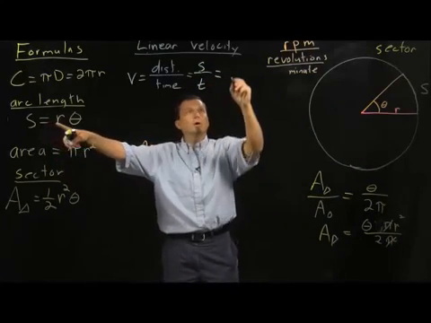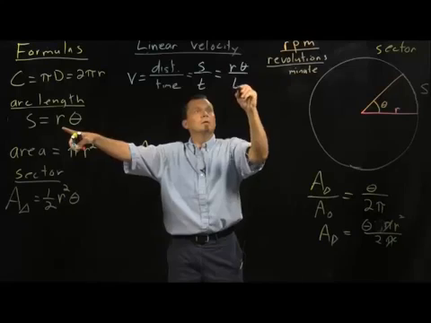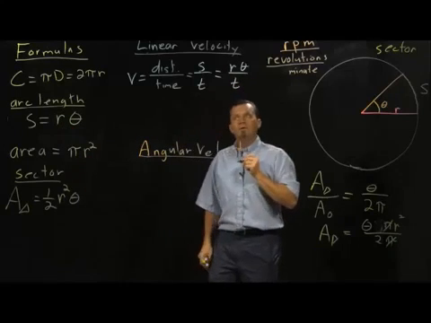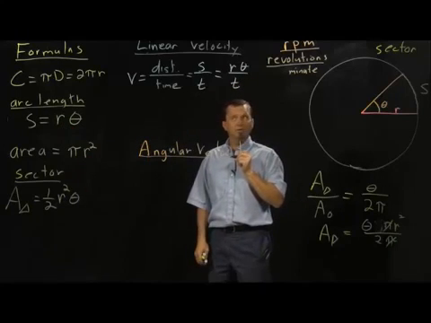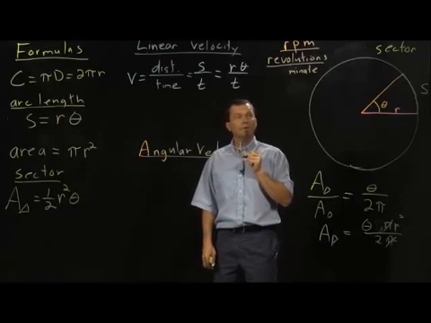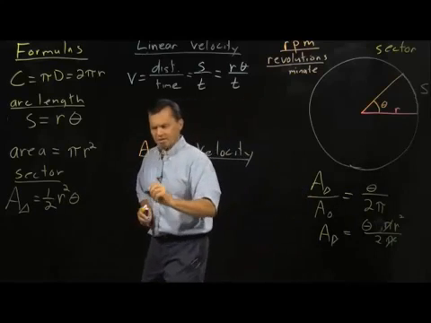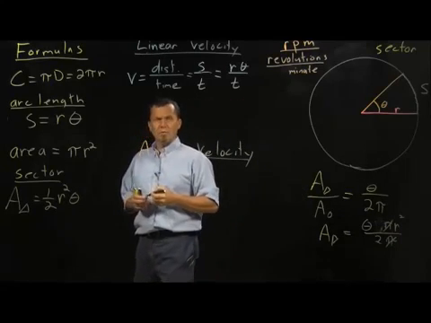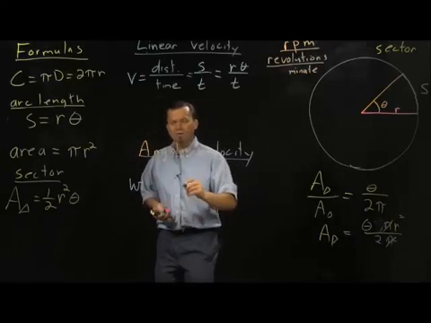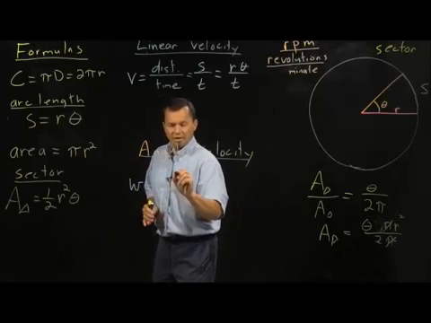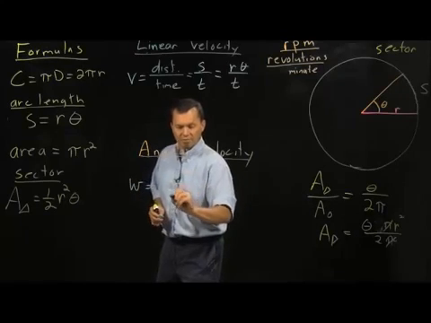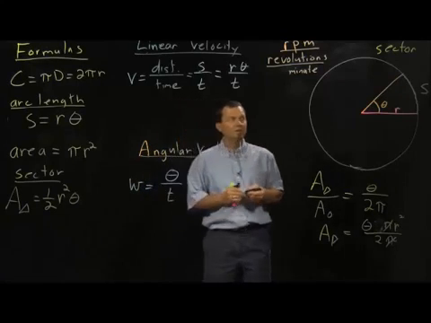But we know our distance on a circle is r times theta. Now, angular velocity, and a lot of times we'll use a little omega for angular velocity, is really the angle that you moved divided by the time.